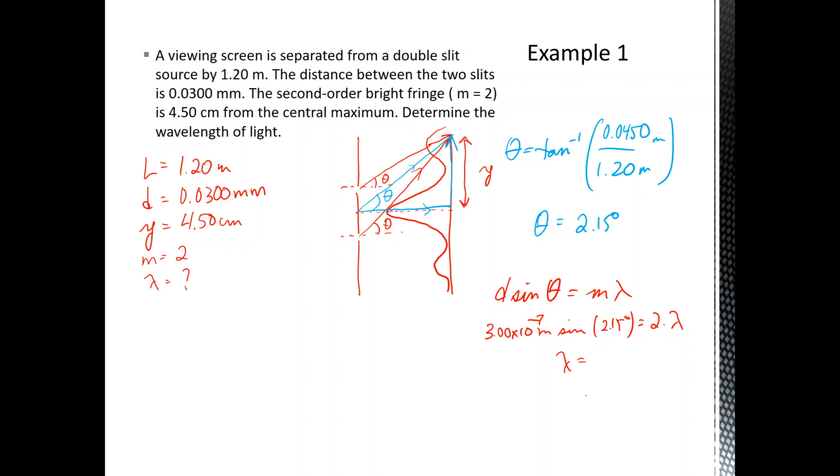what did you get for lambda? Still no one? What did you get? Now, it should be in meters. If you kept everything in meters, it should be in meters. If you get a number here that's like 20 meters, is that realistic? You're looking for something probably in the visible spectrum.